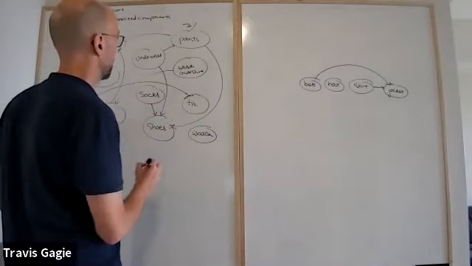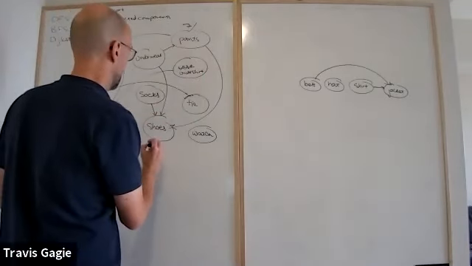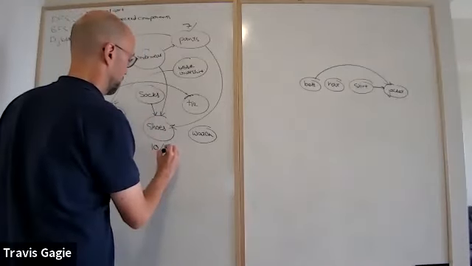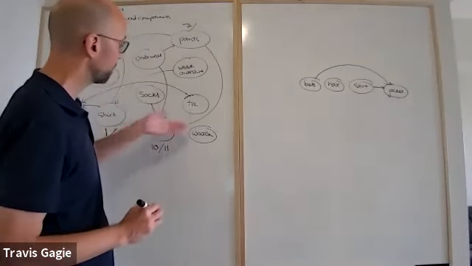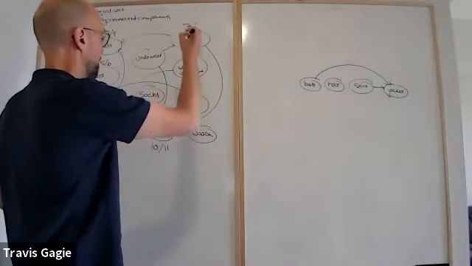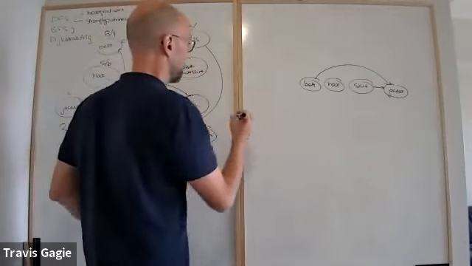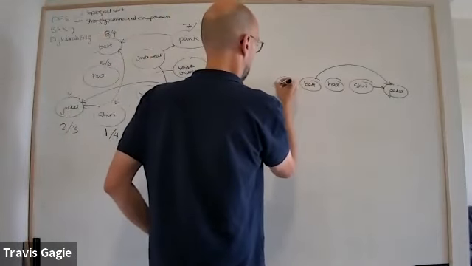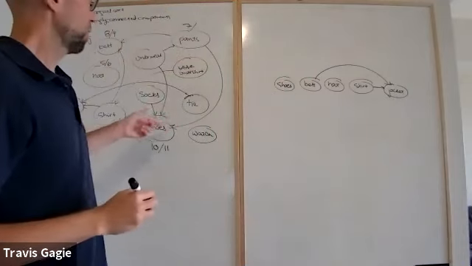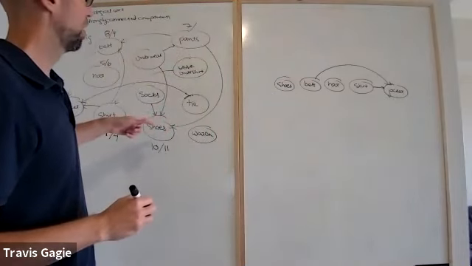So shoes, the discovery time is 10. Can we go anywhere? No. Finish time is 11. We go back to pants, and we add shoes here, and we don't add any arrows.